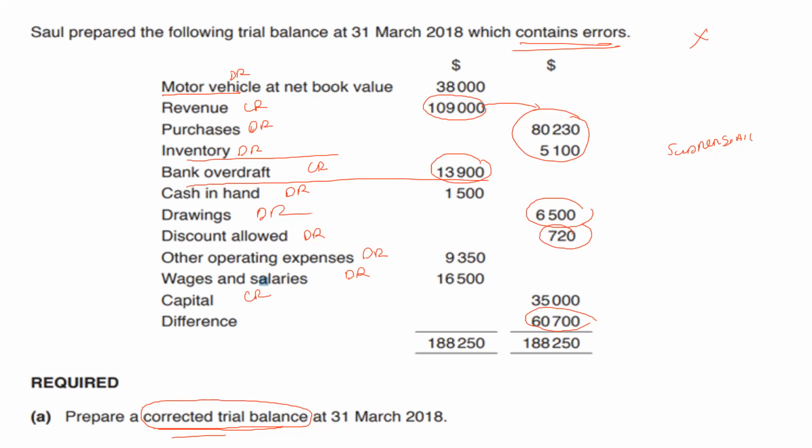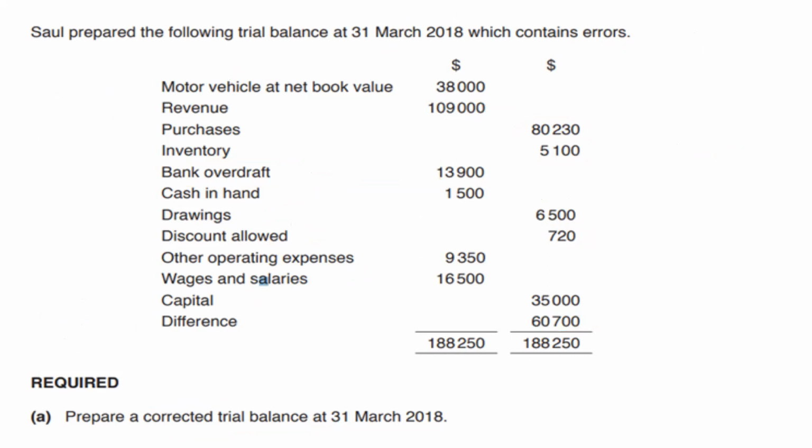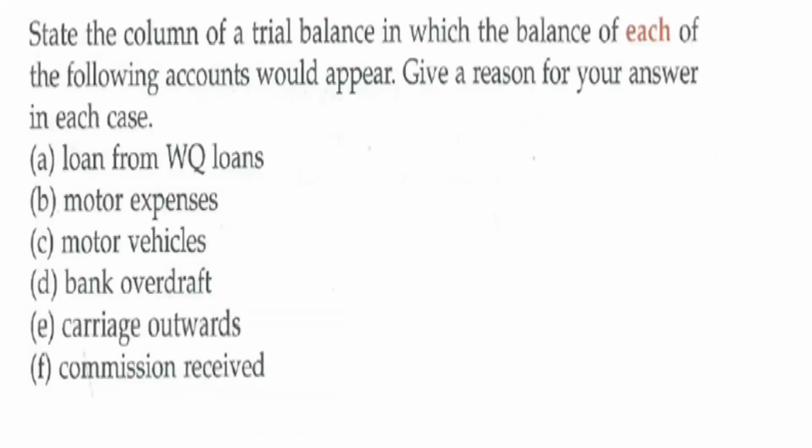Last thing that I would discuss before ending this lecture. State the column of the trial balance. That means they want you to tell the debit or the credit, which column of the trial balance in which each of the following accounts would appear. And they want reasons for your answer. Loans, amount yet to be paid.